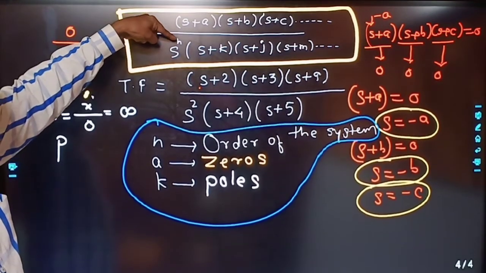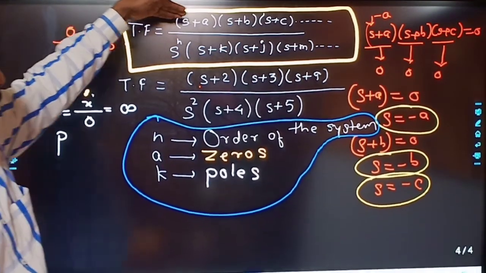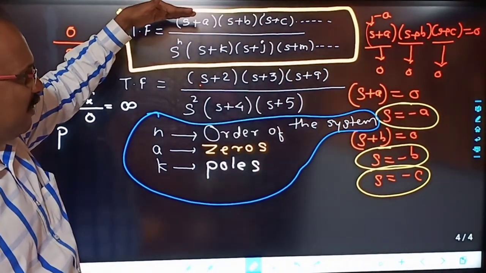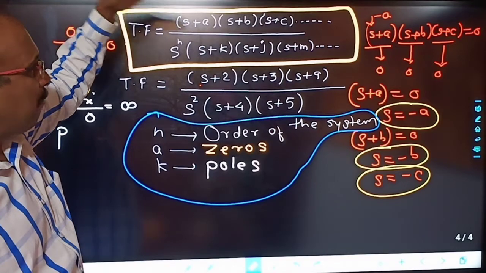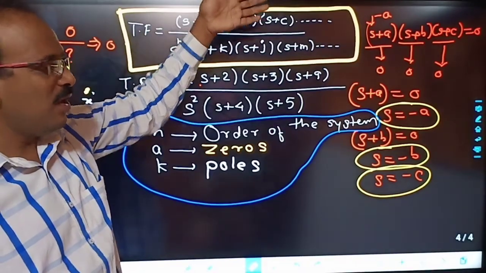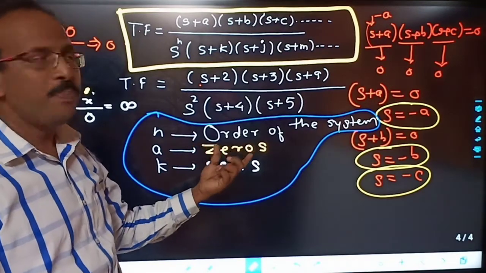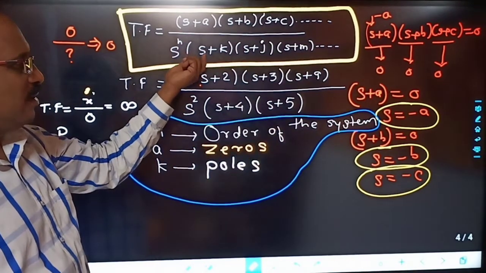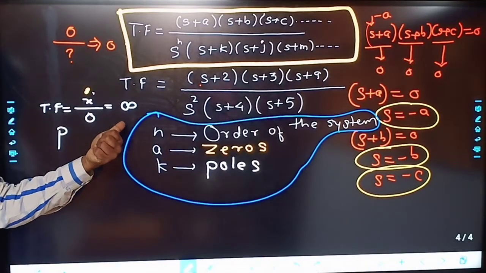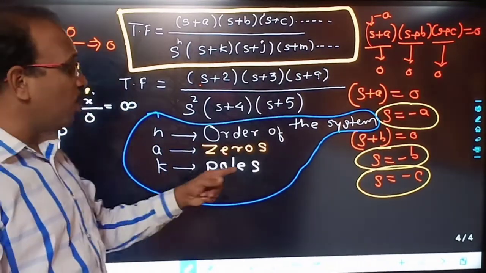This decides the order of the system. The upper constants, the value of S that makes the value of the transfer function 0 is called zero of the system. The value of S that makes the value of the transfer function infinity is called pole of the system.